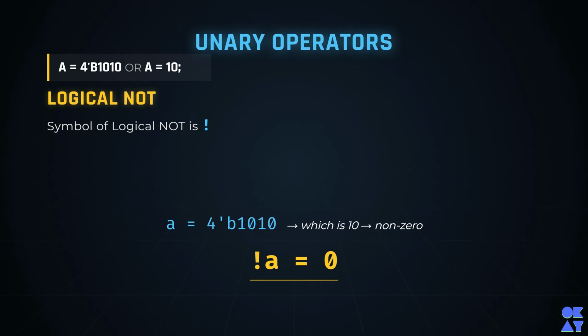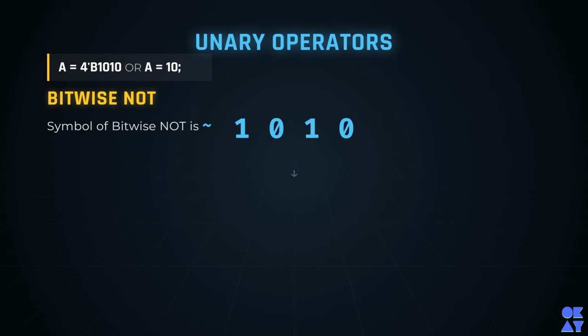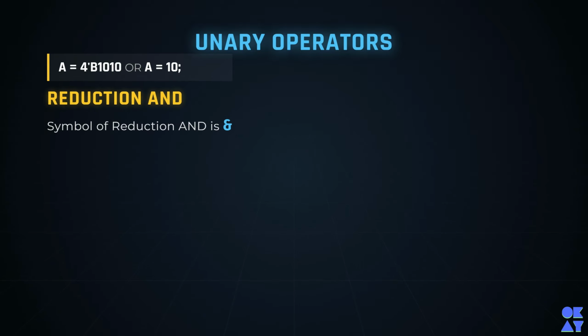So logical not of A becomes 0. Bitwise not. Bitwise not inverts every bit individually. 0 becomes 1, 1 becomes 0. So A equals 4'b1010, and bitwise not of A becomes 4'b0101.